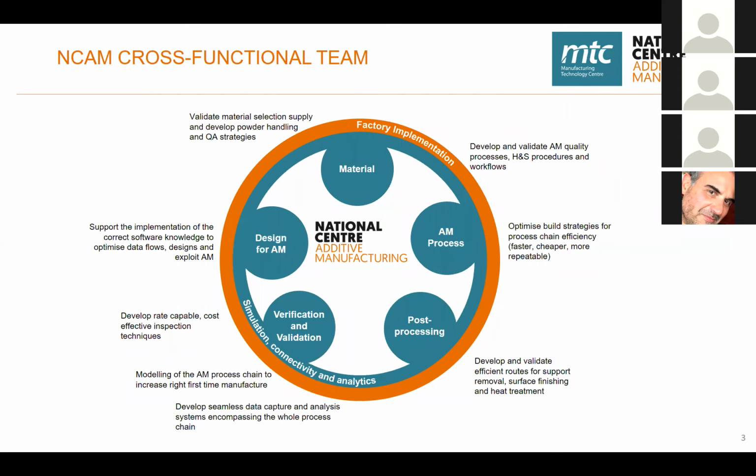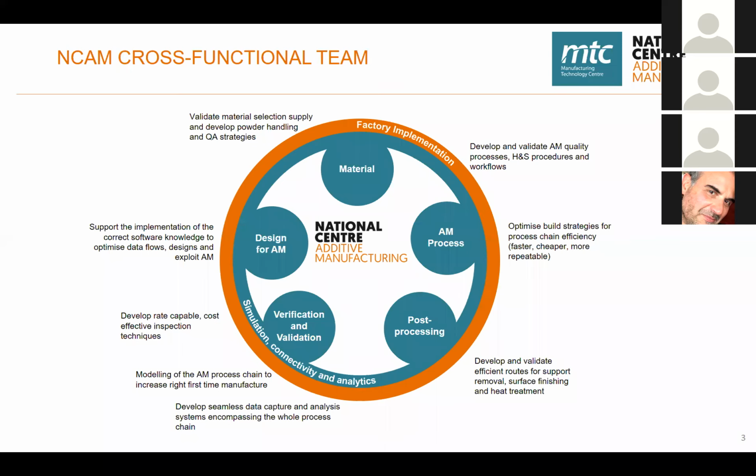We also have the AM process and post-processing team, which you will see is very important to take into consideration when we design parts. And we have other teams, like verification and validation, or connectivity and simulation of the components and what will be the manufacturing.